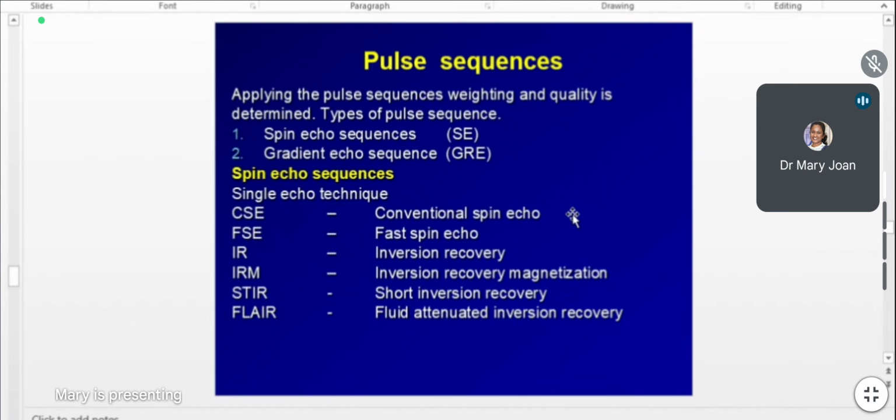Spin echo sequences are the single echo techniques: CSE, conventional spin echo; FSE, fast spin echo; IR, inversion recovery; IRM, inversion recovery magnetization; and STIR, short inversion recovery, and FLAIR, fluid attenuated inversion recovery. We will see in details in the coming class. So these are different techniques which we use to get particular information out of this process.